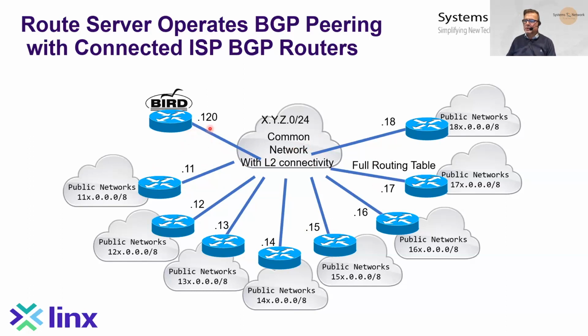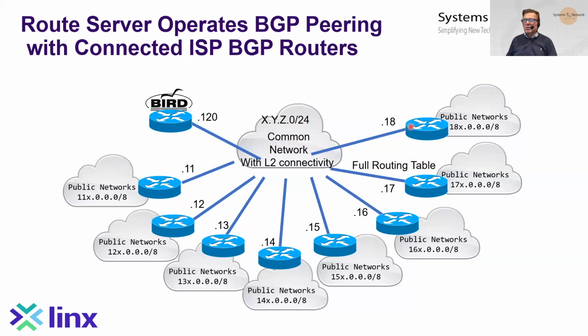So these addresses are just for illustration purposes only. There is a common network here of XYZ.0/24, and all of the ISPs or cloud giants or whoever they are, they're all interconnecting from their autonomous systems with their routers through this infrastructure on a common network.